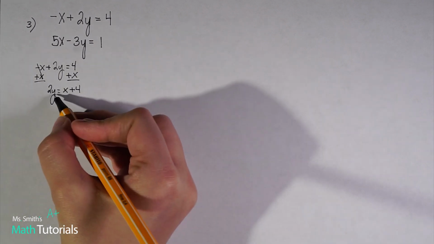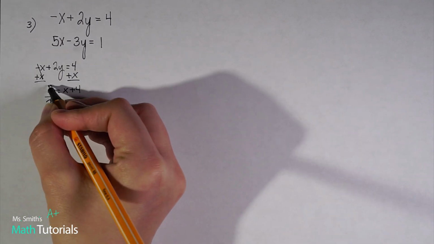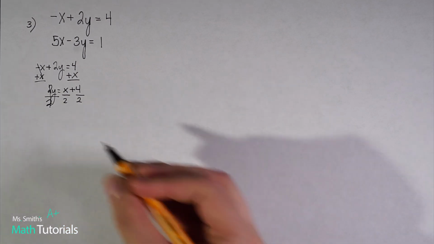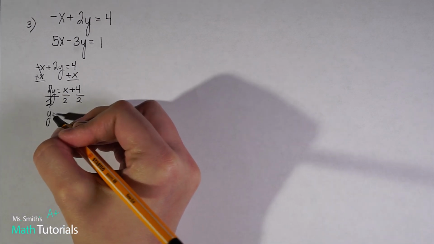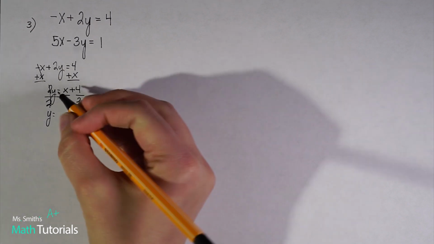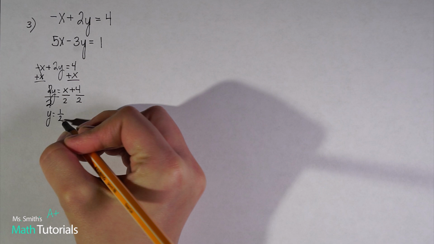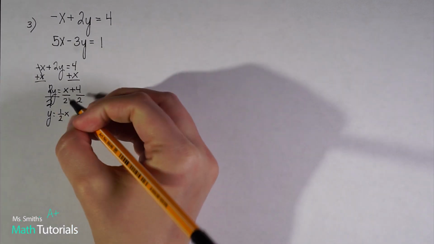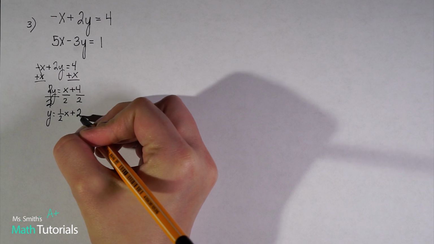My last step to get y alone would be to divide everything by 2. So I would end up with y equals, this is a 1x divided by 2. I can't reduce that, so it's just going to be 1/2 x. And positive 4 divided by 2 would give me positive 2.